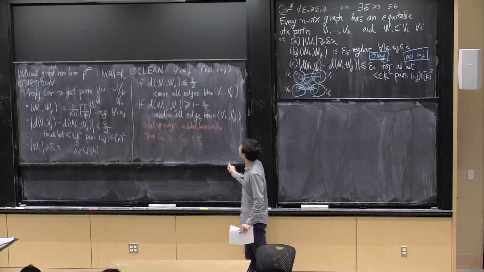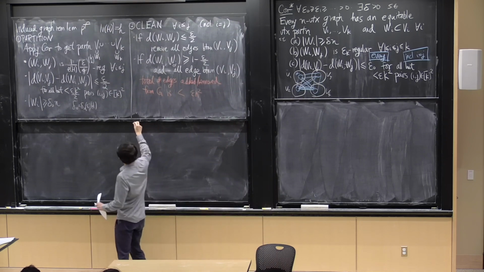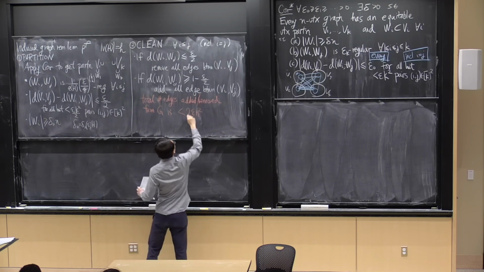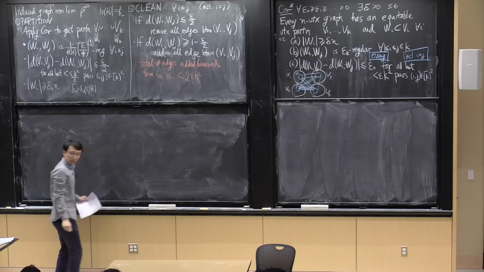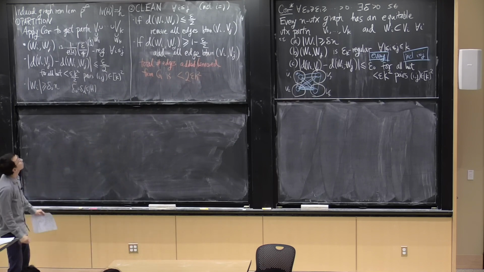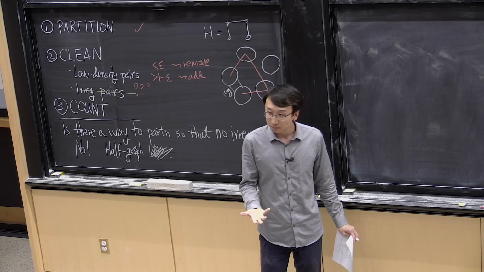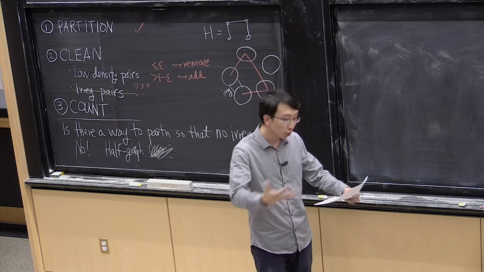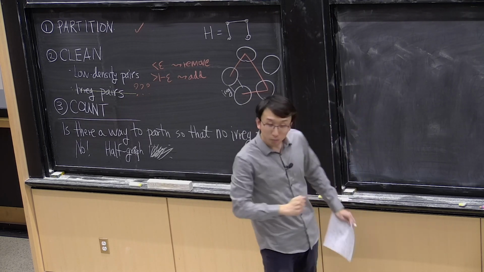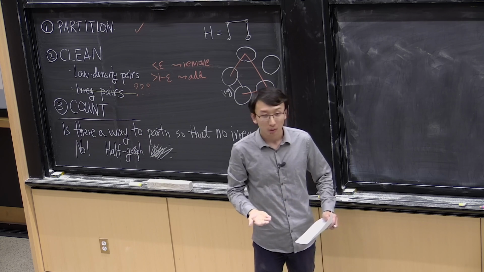So let me put a 2 here just to be safe. All right, so we deleted a very small number of edges. And now we want to show that the graph resulting from this modification does not have any induced H subgraphs.